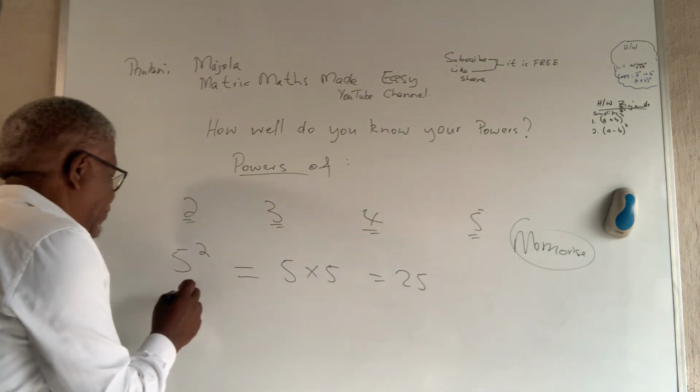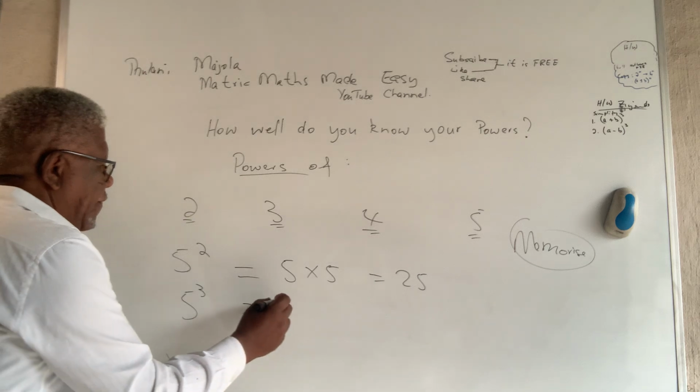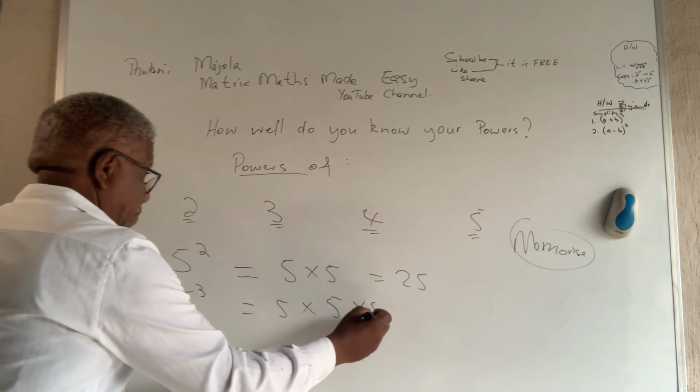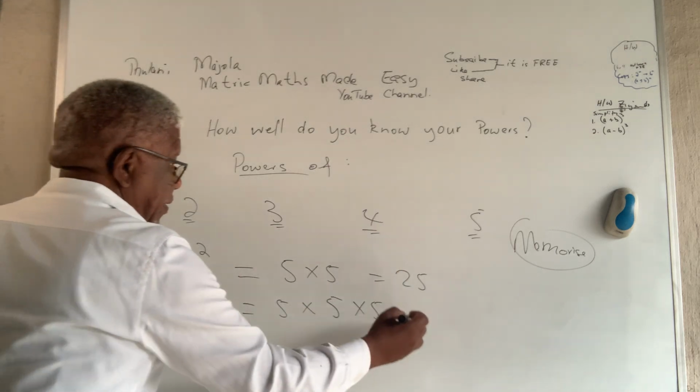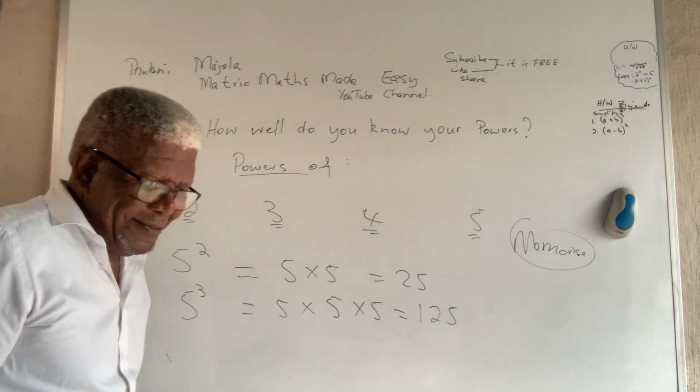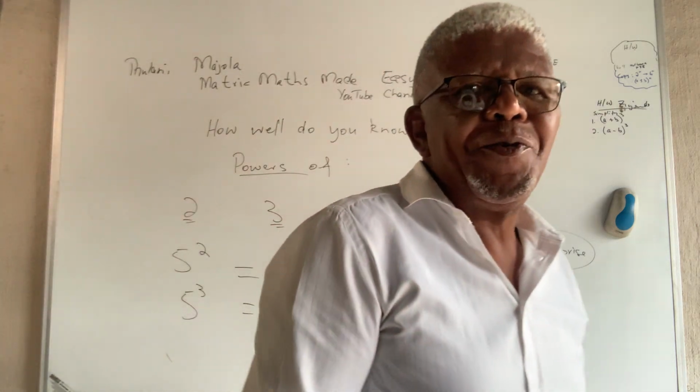And then 5 to the power of 3 is 5 multiplied by itself 3 times, so 25 times 5, which equals 125. My maths is so easy, so nice.